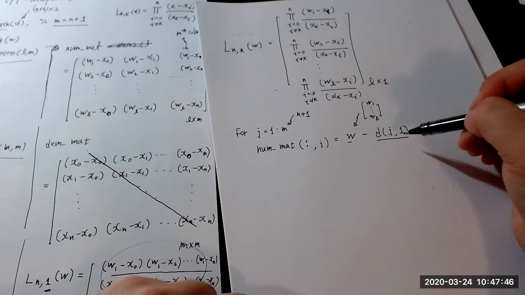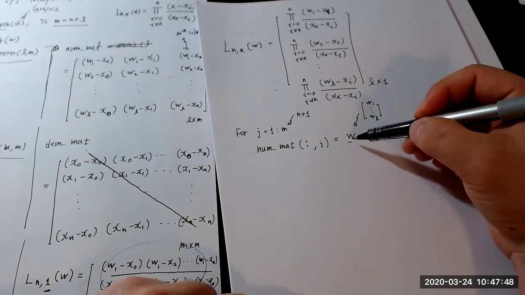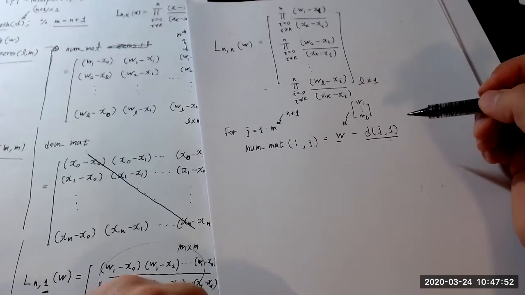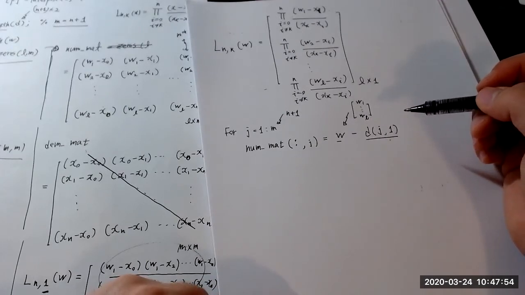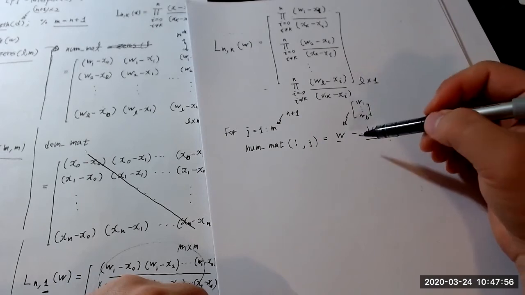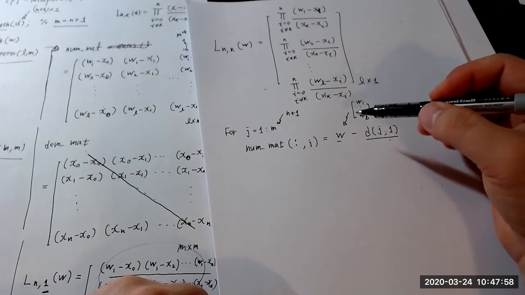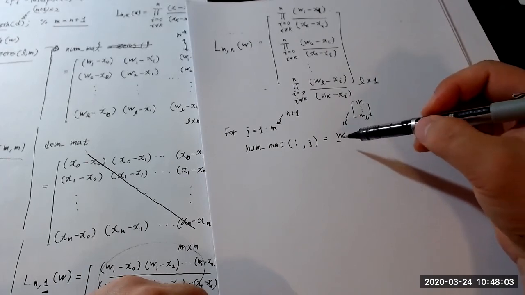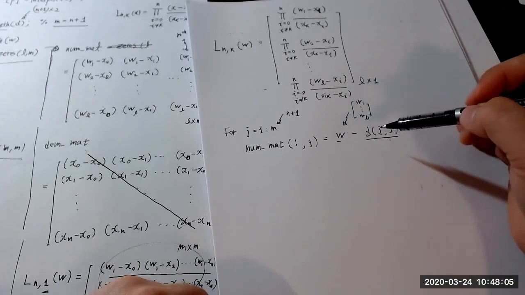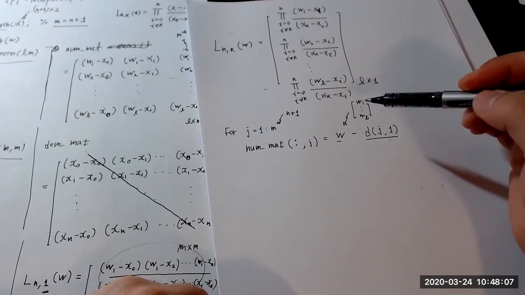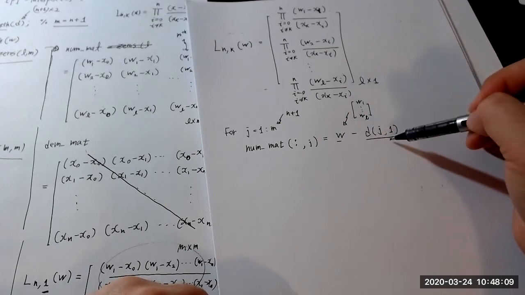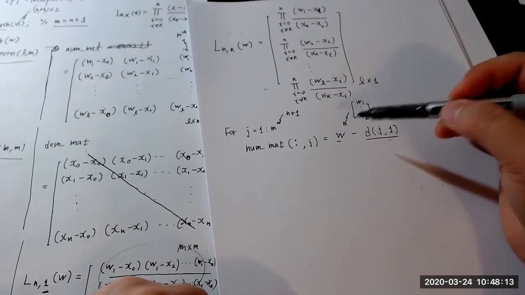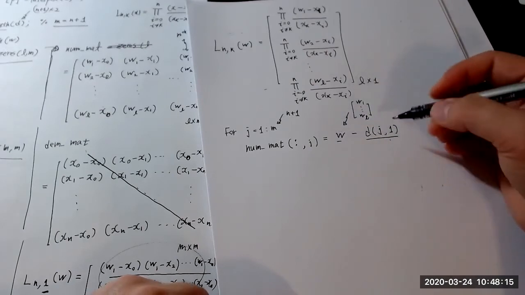How can you subtract a real number from a column vector? In MATLAB, it automatically recognizes the difference between the two data structures and subtracts this real number from each entry of that column vector. So you don't have to worry about that.